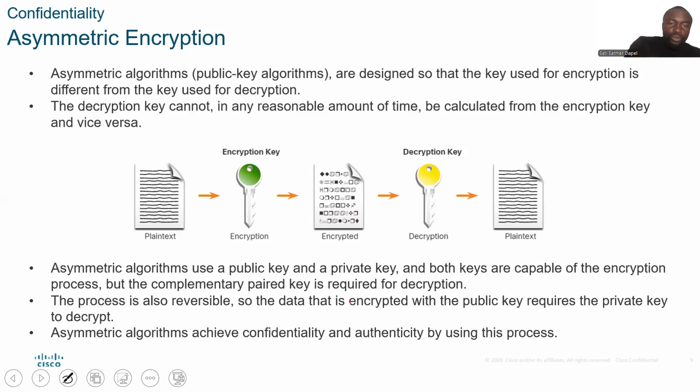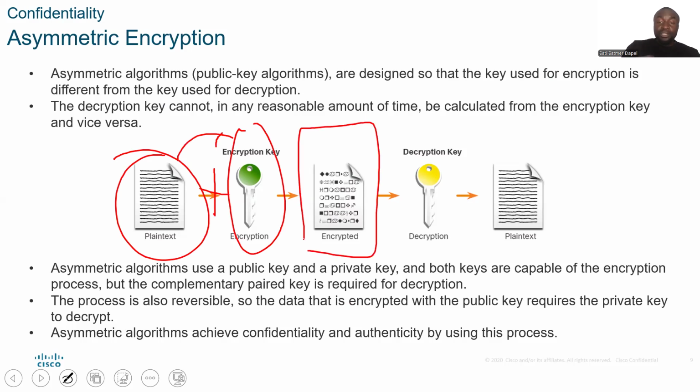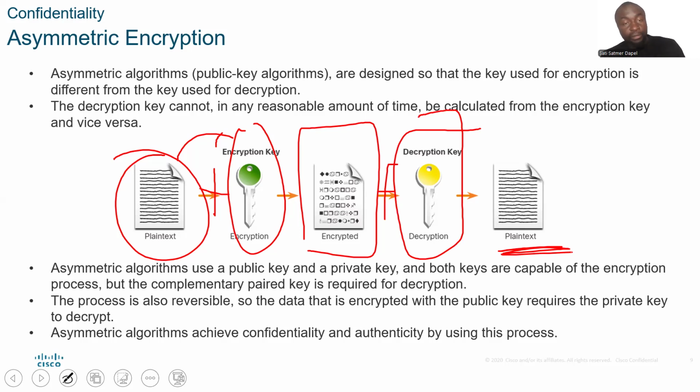So this is the document, and then you carry out your encryption and it forms this. And then to decrypt it, you use a different key and it transforms back to this. It's very complex, but it's more secure. Okay, it's heavy to use, but it's more secure.